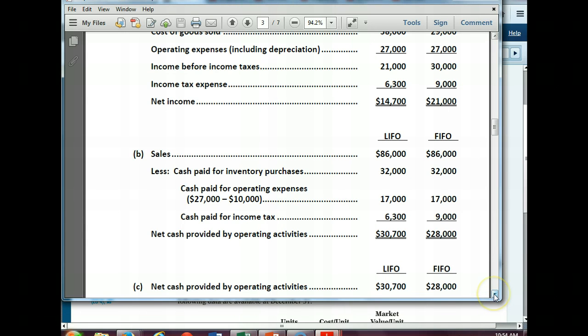So truly, with LIFO versus FIFO, we've still spent the same amount of money. It's just that under LIFO we're taking the last in, first out, and under FIFO we're taking the first in, first out.